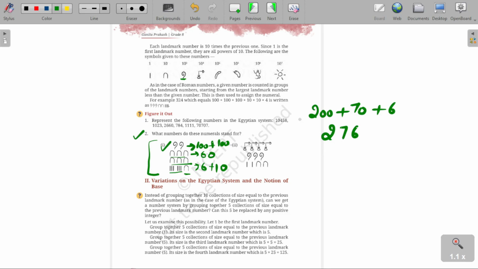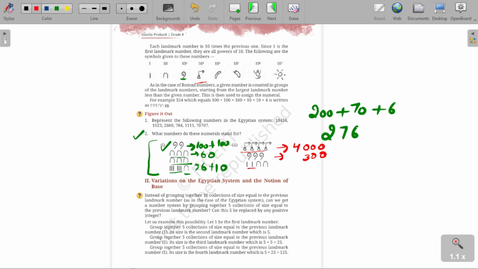Now, moving to the next part. Second part, this symbol. How is it representing the number? This is the thousands, okay? And how many thousands are here? 4,000, right? This is 4,000. Yes, it is 4 times. This is 100, which is 3 times. So this is 300.